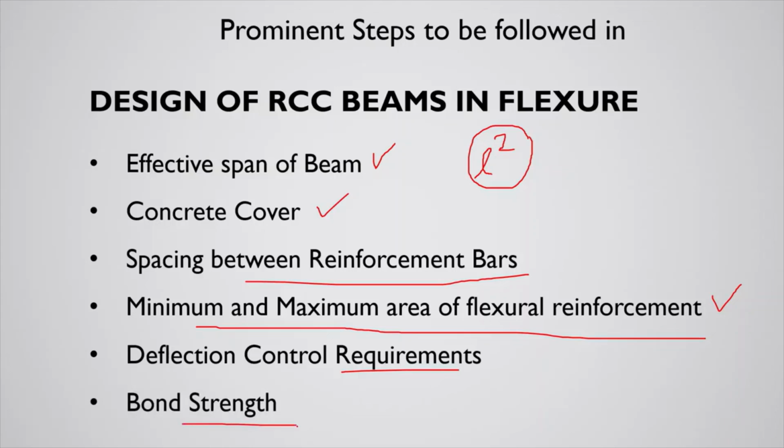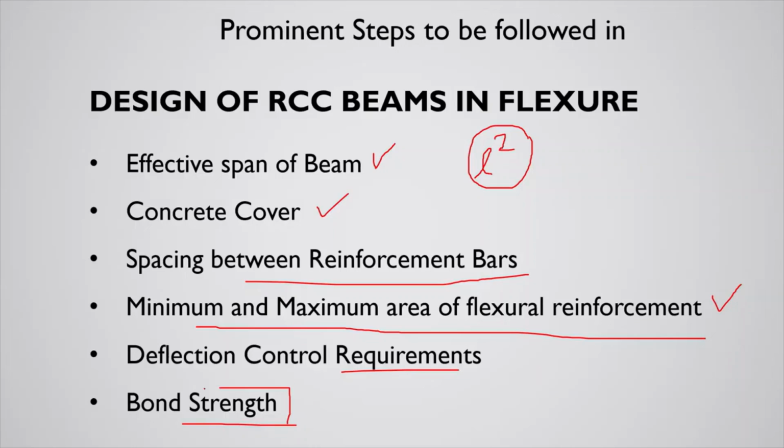After that we will be focusing on how to get the efficient bond strength, that means how we can make the bond between the steel and concrete efficient, so that concrete and steel can act just as a composite member, and they are able to take care of all the stresses.